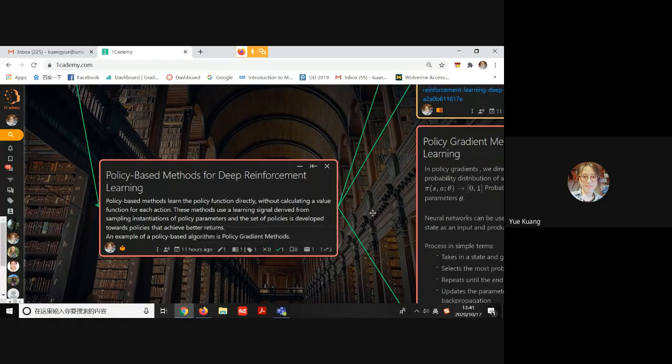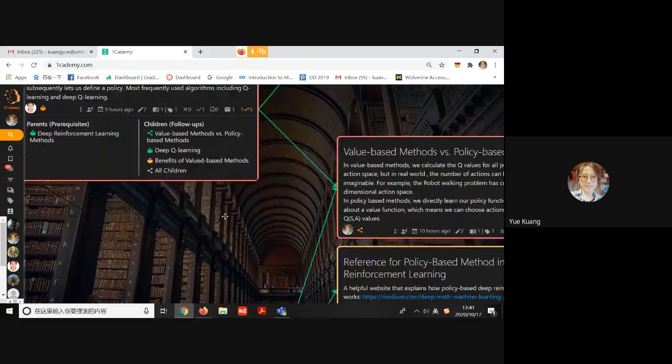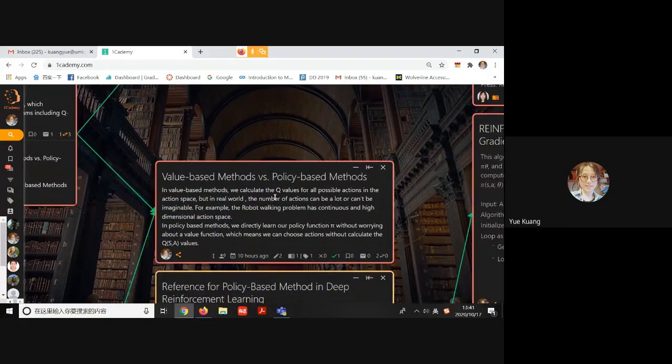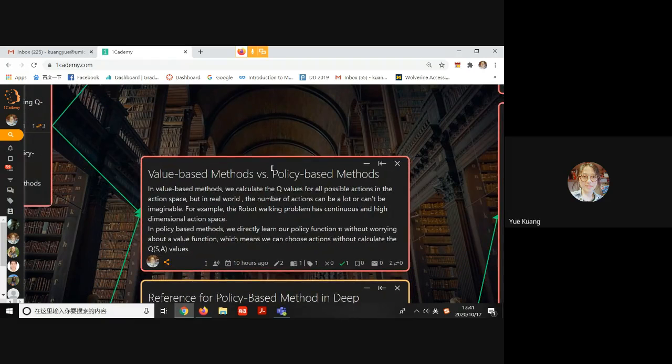Before I introduce the policy gradient method, I'd like to first explain the difference between the value-based method and the policy-based method, and show why we need a policy-based method. In the value-based method, as Robin has just introduced, we calculate the Q values for all possible actions in the action space.